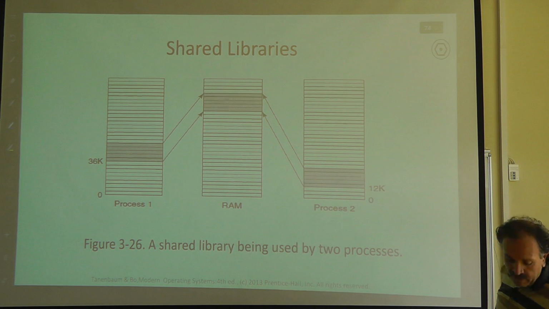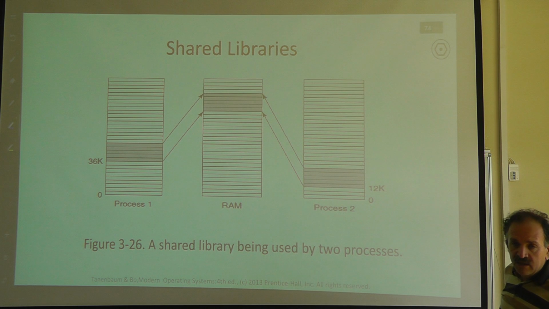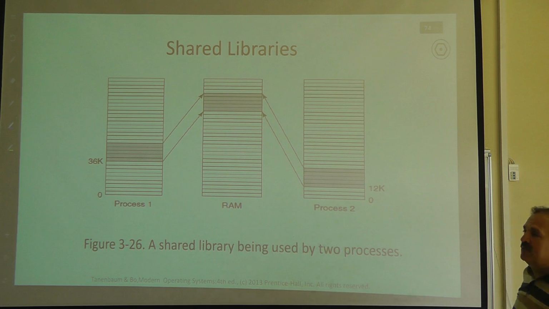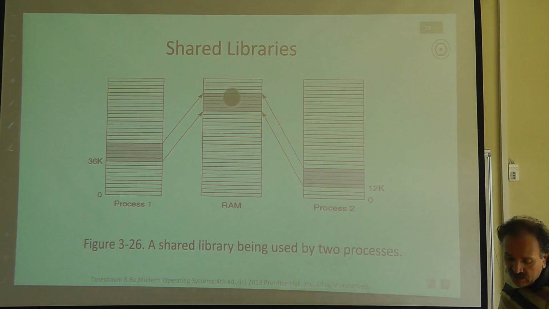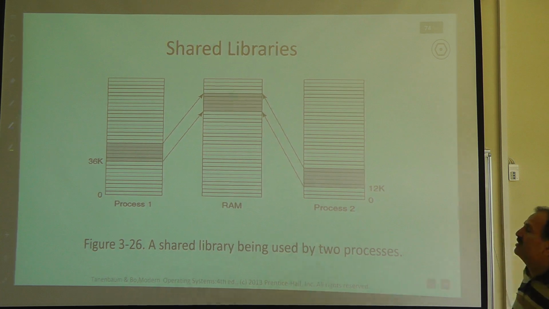So there are some pages coming from the shared libraries. This process and this process are sharing the program code. For example, the function sqrt is from the math library. It is loaded in memory with its own pages and so on.